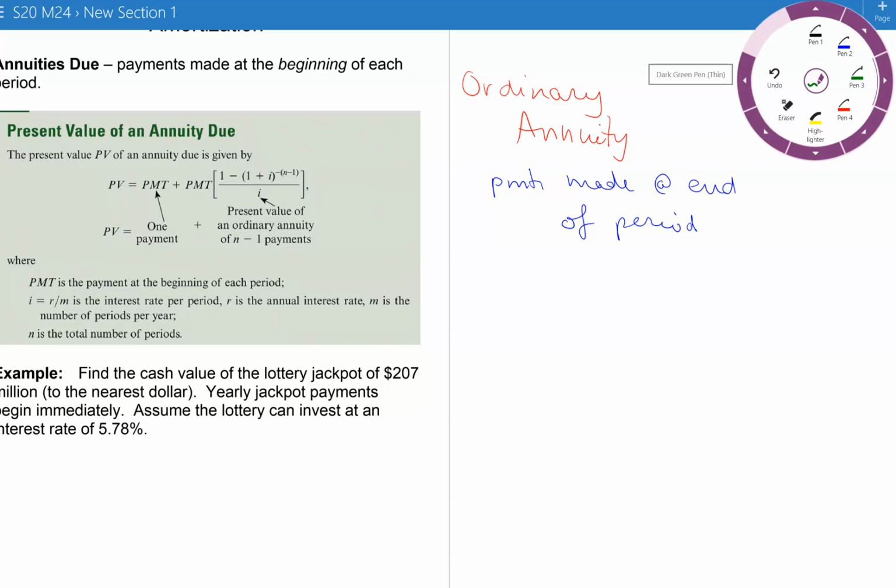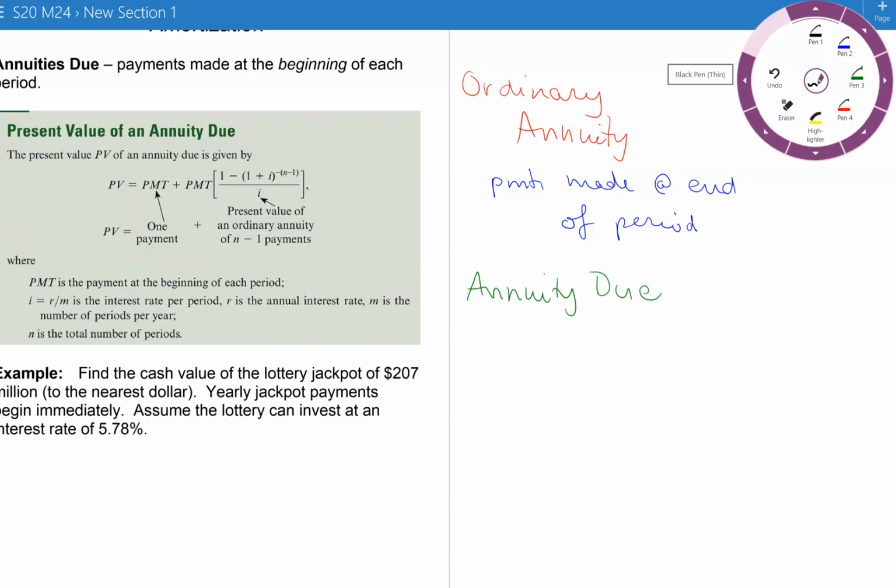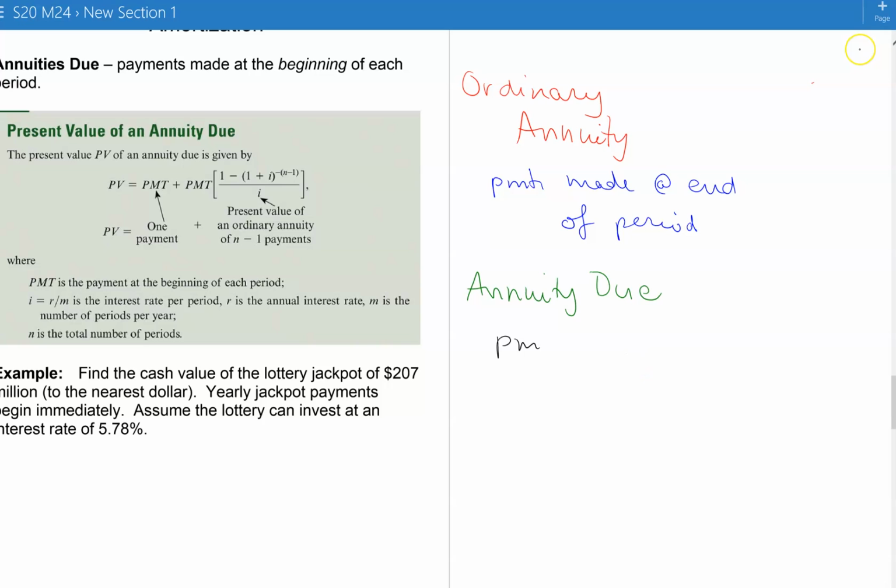And then we have annuity due, and this is just kind of archaic language that has persisted. Annuity due is the payment made at the beginning of the period. So this is consistent in 5.3 and 5.4 that the word ordinary with annuity means payment made at the end. The word due with annuity means payment made at the beginning.